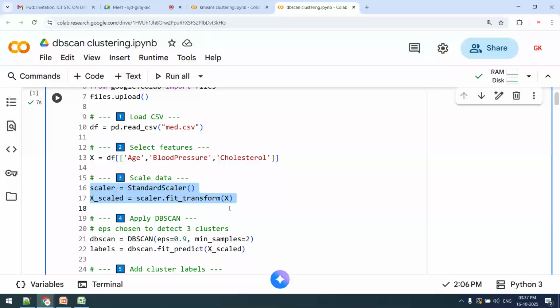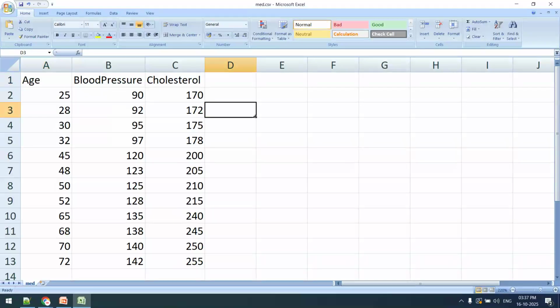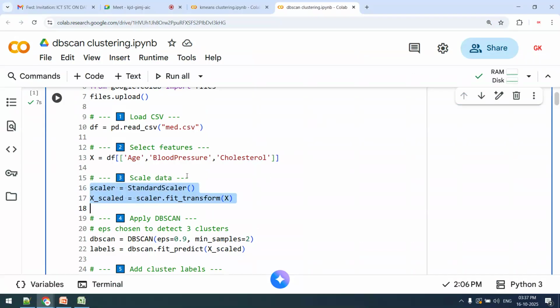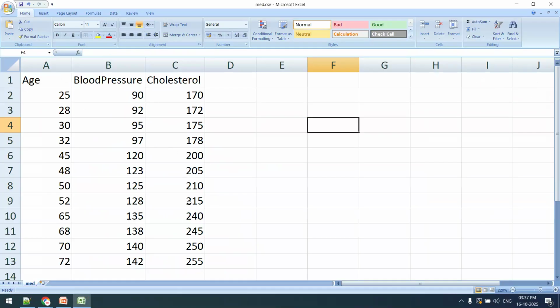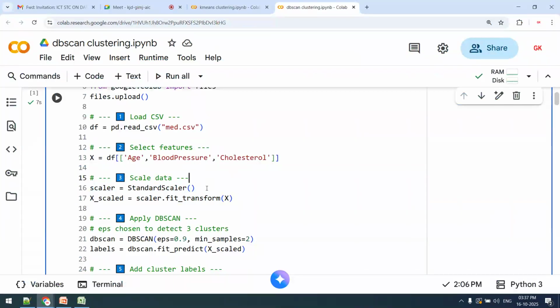Standard scaling, normalization. One way of data pre-processing is IQR analysis. After IQR filtering, we go for scaling of data. Whether you are using K-means, DBSCAN, or any other algorithm, you will generally find this block. Why?